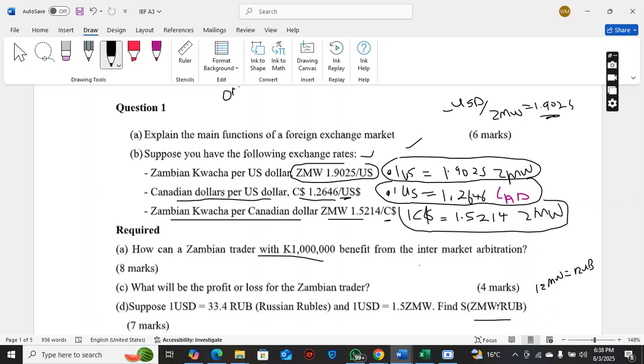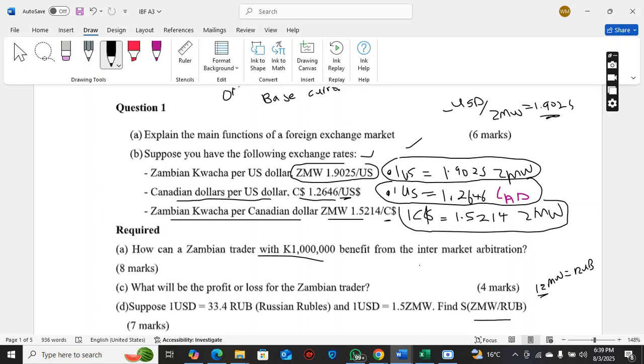Okay, now since ZMW is on top, it's the one which is of 1 unit. And I also forgot to mention this. In these notations, you are going to have your base currency. This is the currency which you have 1 unit of.